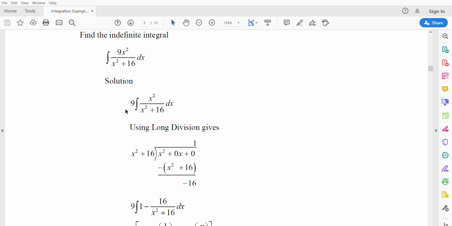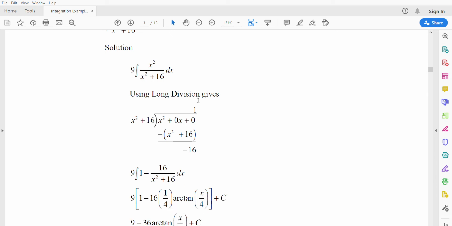So again, bringing my coefficient out in front, it's going to be 9 times, and then setting up my long division, x squared plus 16 on the outside. On the inside, I've got x squared plus no x's and plus no constant term. Well, x squared divided by x squared is 1. 1 times x squared is x squared. 1 times 16 is 16.